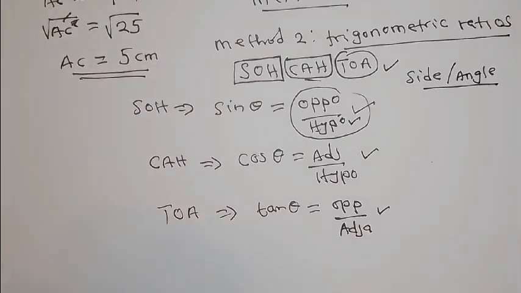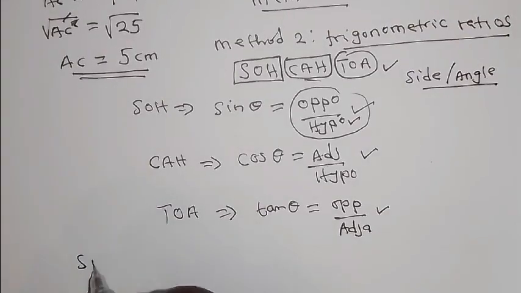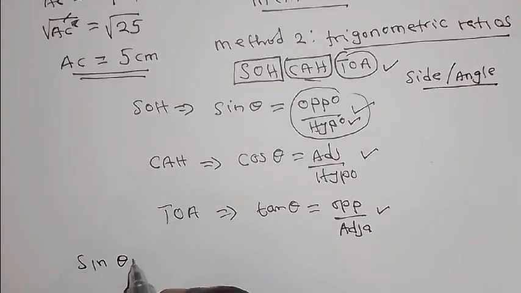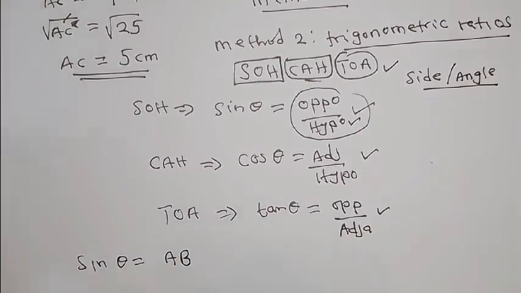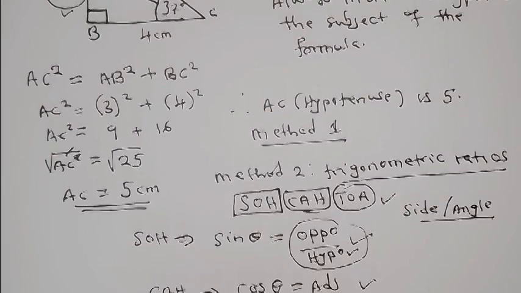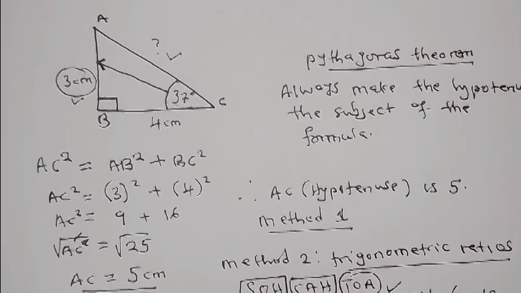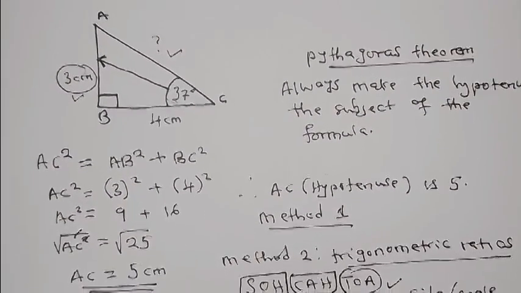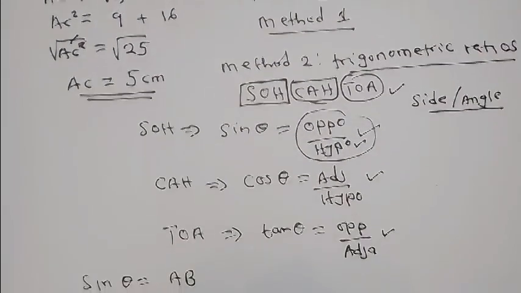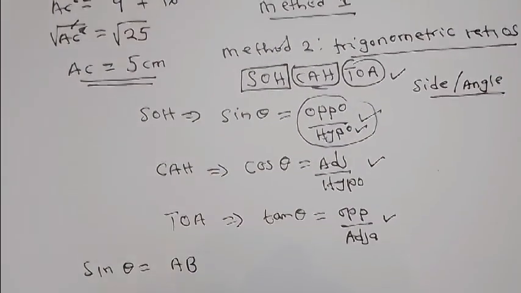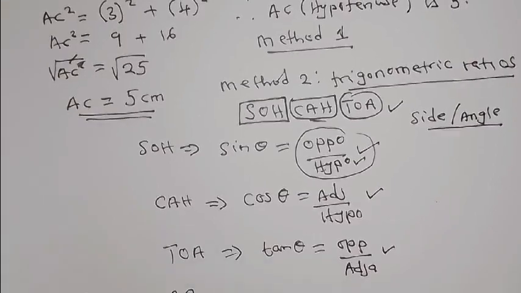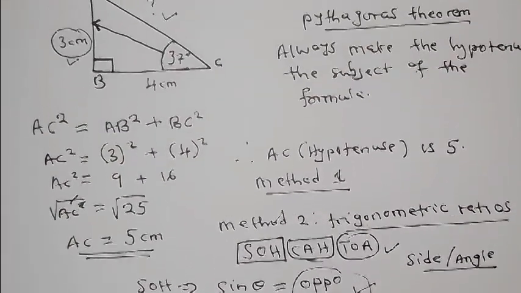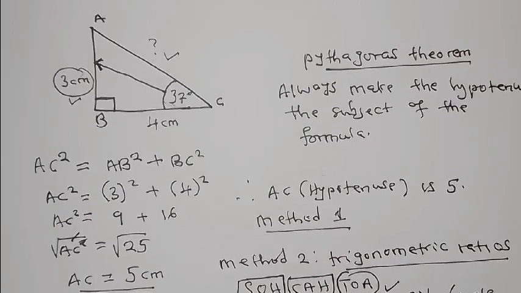So we say sine theta, where the opposite is AB, which is 3 centimeters, and the hypotenuse is AC. You can see that the hypotenuse is from A to C.